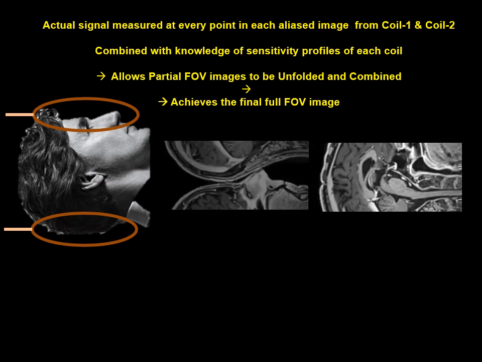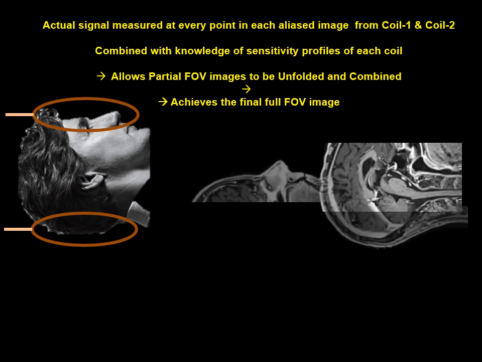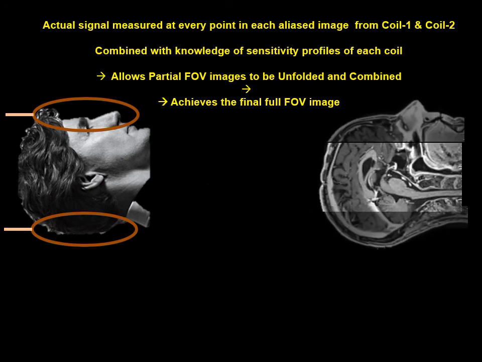There's the half field of view image, and then the unfolding, all done with the knowledge of the signal intensities in each of the aliased images and the sensitivity profiles of each of the coils.